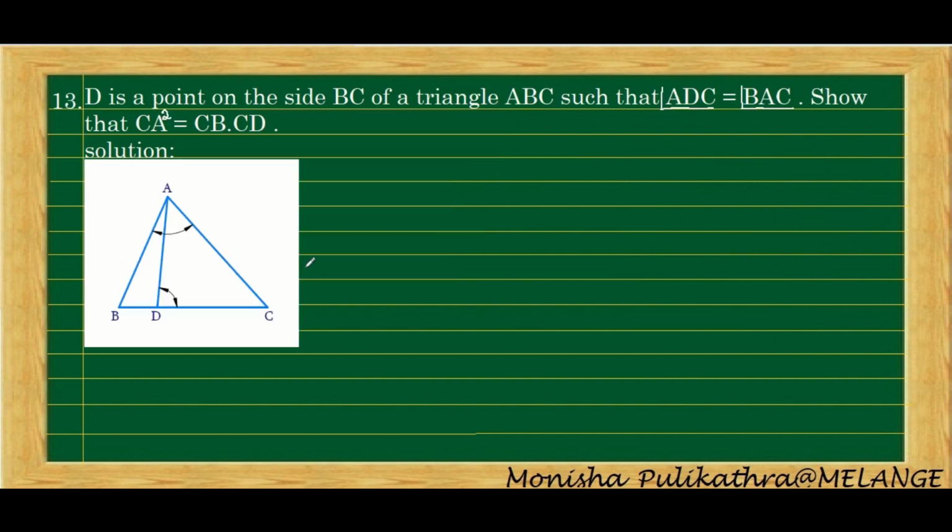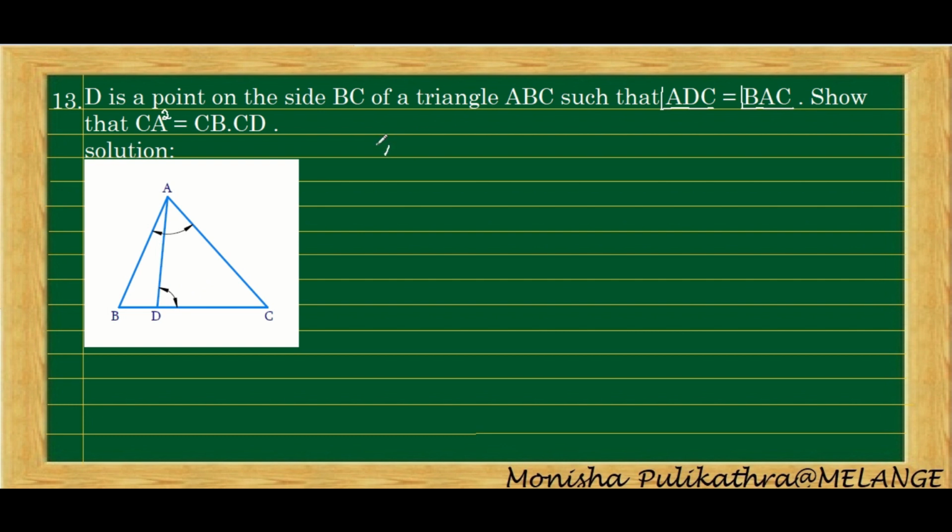Hope you understood this. Moving on to the 13th question. The 13th question is: D is a point on side BC of a triangle ABC such that angle ADC is equal to angle BAC. You can see here, angle BAC is equal to angle ADC. We need to show this equation, that is CA square is equal to CB into CD. Okay, so let us take two triangles, one is the full triangle and the other is the half triangle.